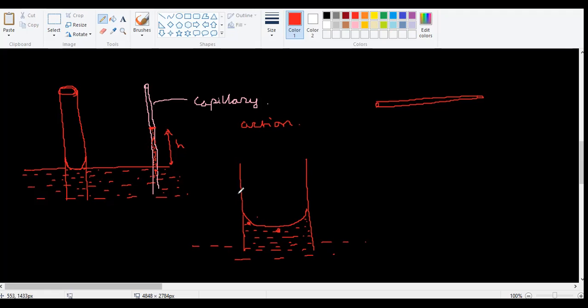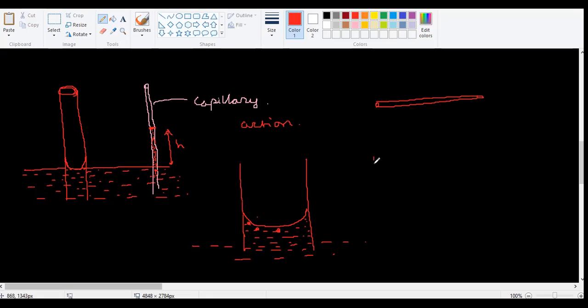But the glass molecule is also attracting this, which means it will try to rise this way. That's why the angle of contact will be acute here, which is what we studied for water and glass. So if you're wondering, sir, will this molecule attract this? Yes, it will. But it is also getting attracted to the glass. So whoever wins is going to be bigger.